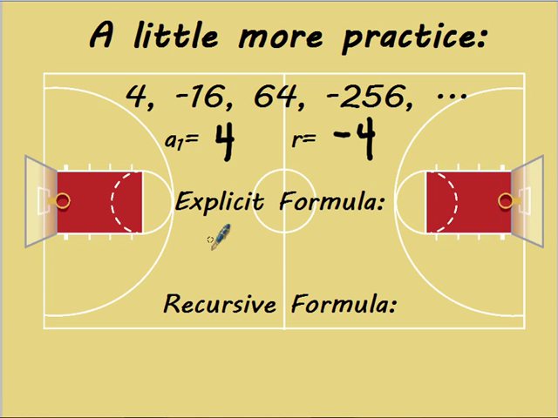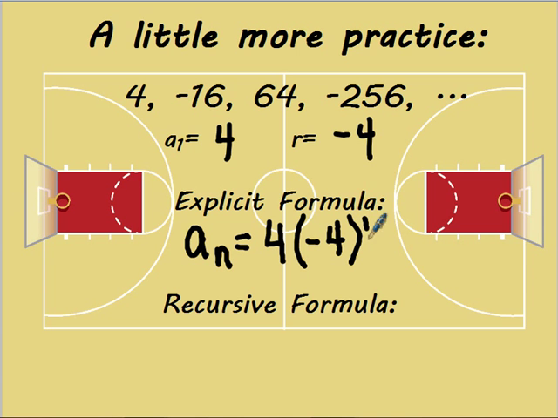All right, for an explicit formula, remember we write it to find any term in the sequence. I have a starting value. I'm going to multiply that by my common ratio to the n minus 1 power.